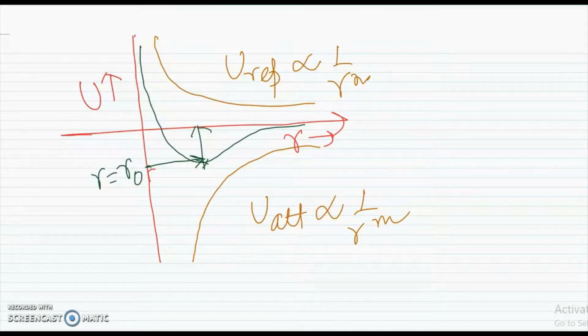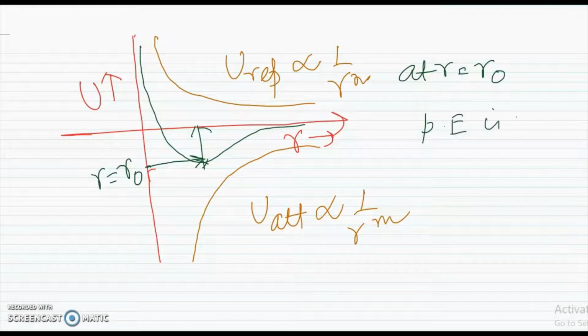At this point the total potential energy is minimum. So when the distance decreases, the total potential energy decreases and it is minimum at R equal to R0, and it reaches positive values as the equilibrium distance gets shorter. So we can write that at R equal to R0, the potential energy is minimum.